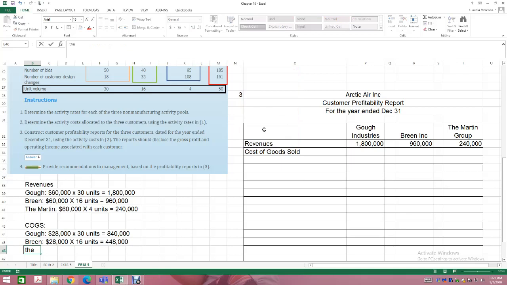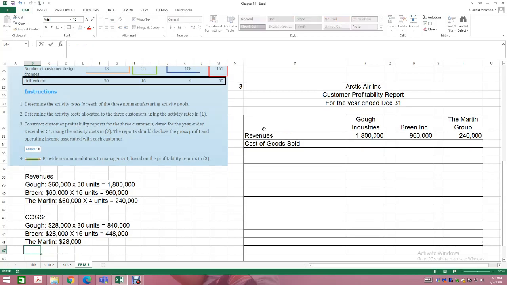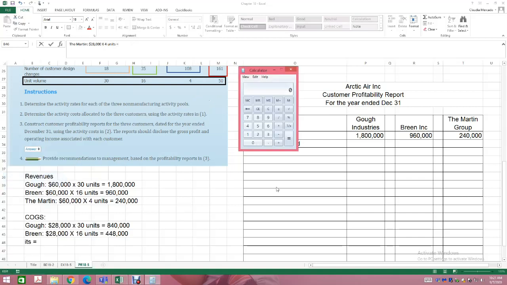And then for the Martin Group, it's going to be the 28,000 times the 4 units. That's going to give me 28 times 4, $112,000.